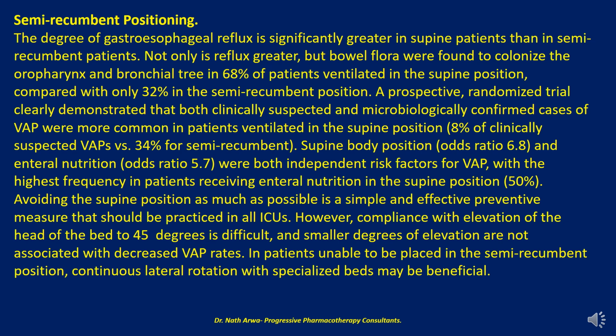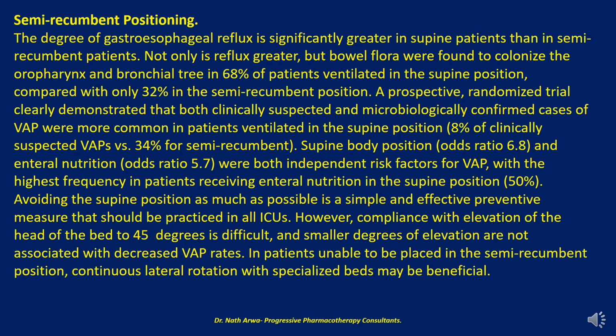34% for semi-recumbent. Supine body position, odds ratio 6.8, and enteral nutrition, odds ratio 5.7, were both independent risk factors for ventilator-associated pneumonia, with the highest frequency in patients receiving enteral nutrition in the supine position, that is 50%.